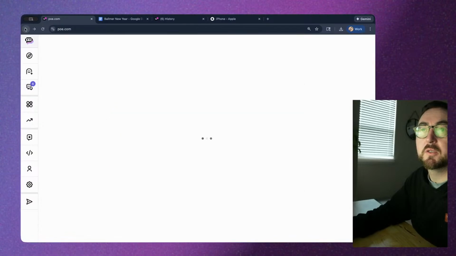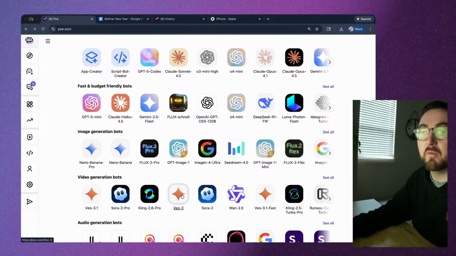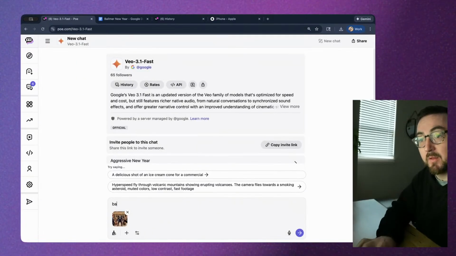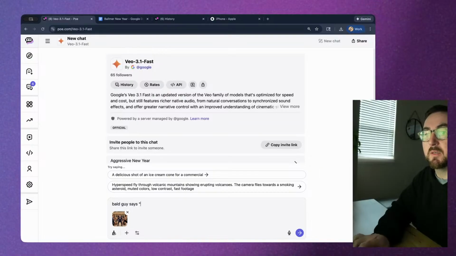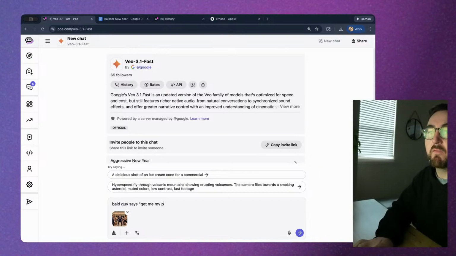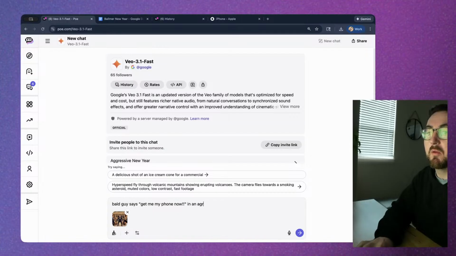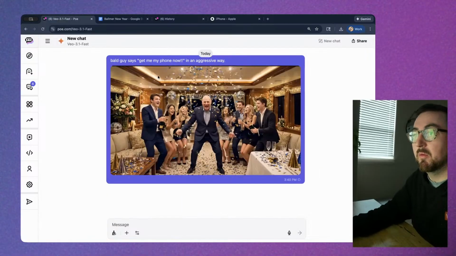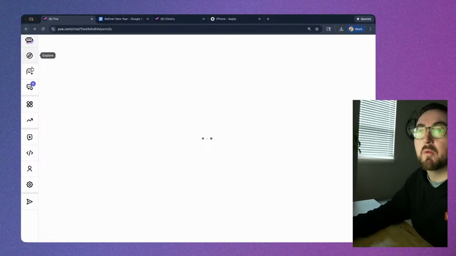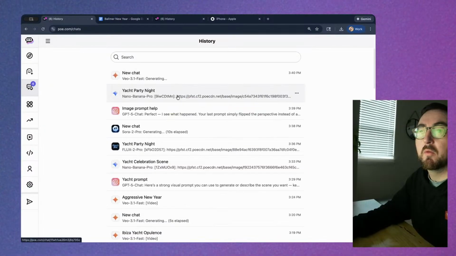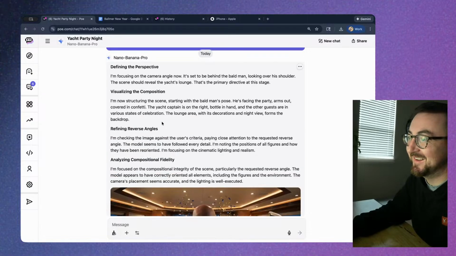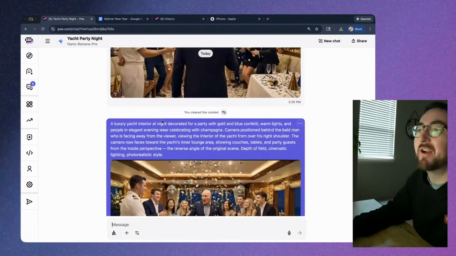But let's just jump to Veo 3.1 Fast. Says, get me my phone now. It cannot figure out how to do this.